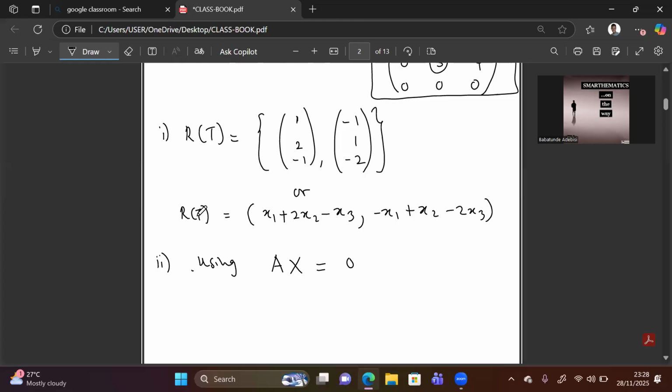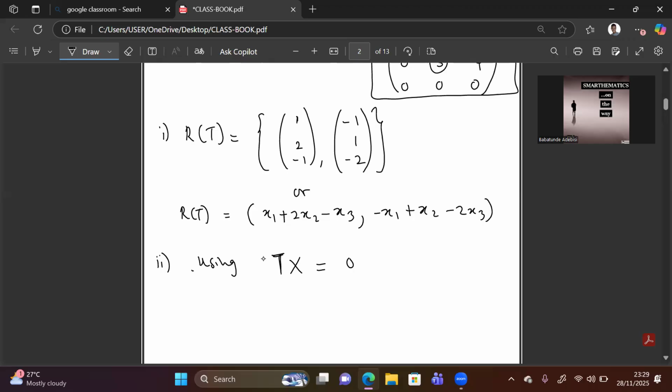But I will change the A to T, because the name of the matrix is T. So that's Tx equals 0. It's actually our x that we want to get that will give us our kernel. T is the matrix, x is what we are looking for that will get us the kernel.